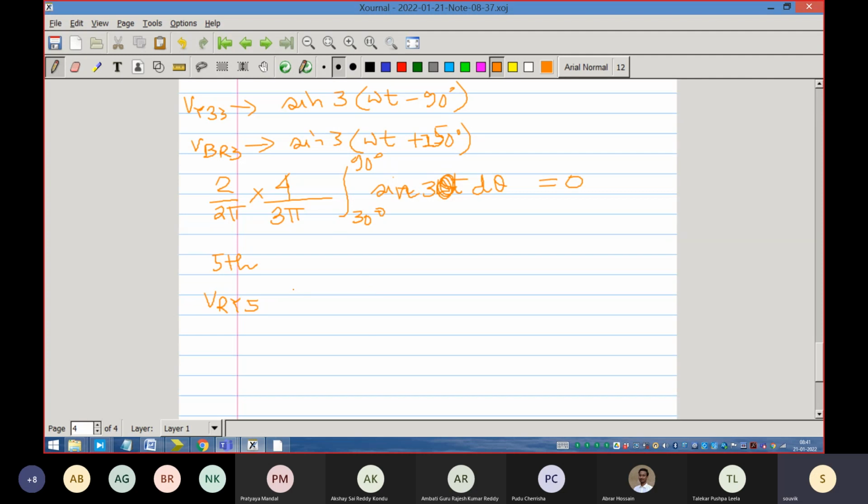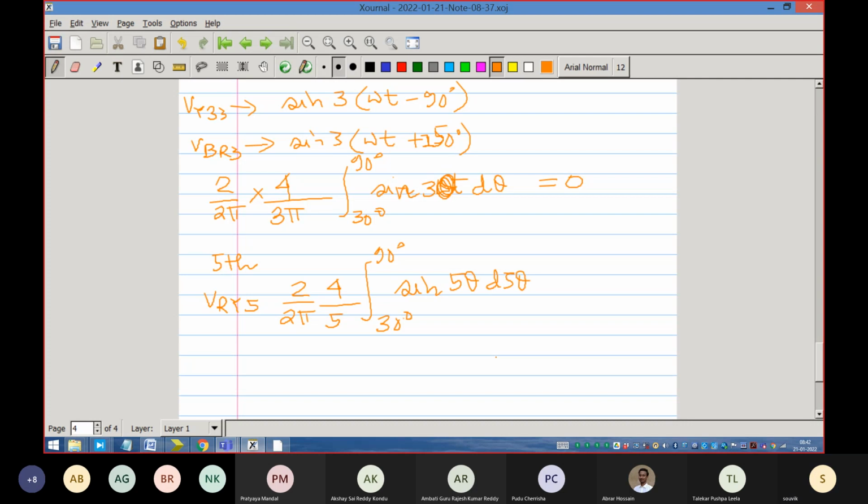What is the integration? 2 by 2 pi, so 4 into the integration of sine 5 theta d of 5 theta, where theta is varying between 30 degree to 90 degree, right? Theta is varying from 30 degree to 90 degree.